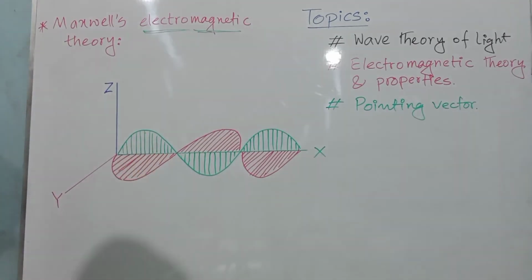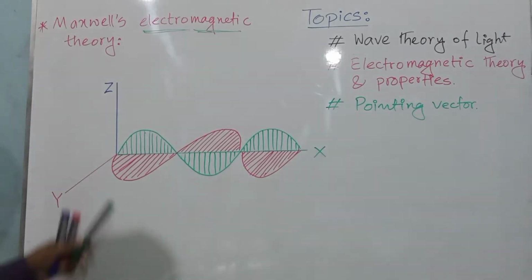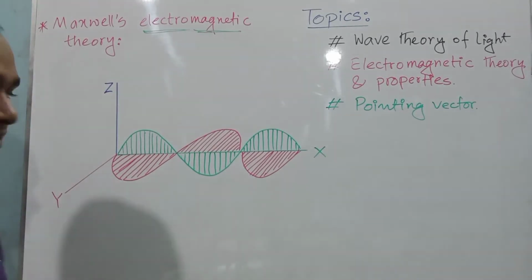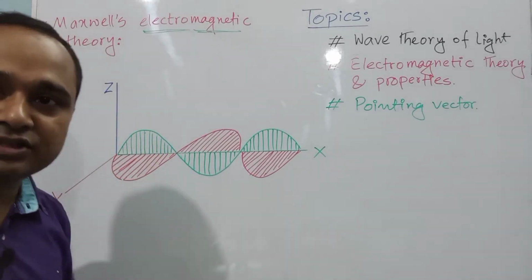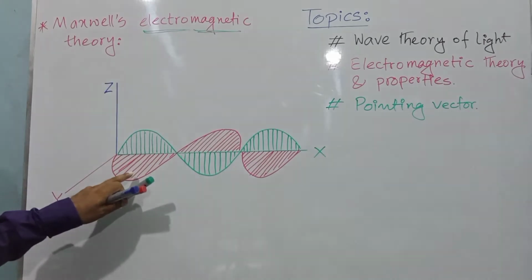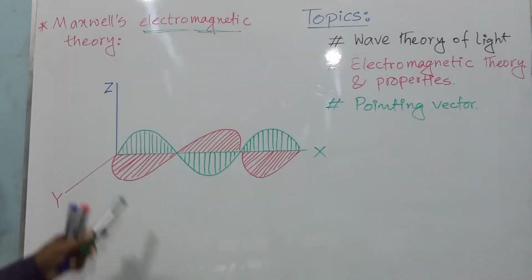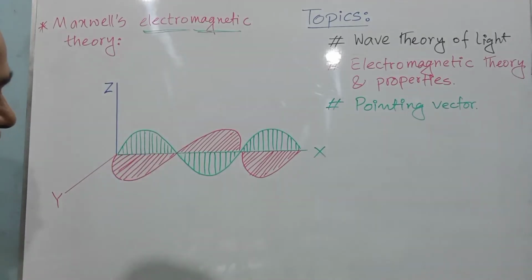If we consider the green shape as the electric field and the red shape as the magnetic field, this represents an electromagnetic wave which carries at the same time a variable electric field and a variable magnetic field, which change periodically with time, right?